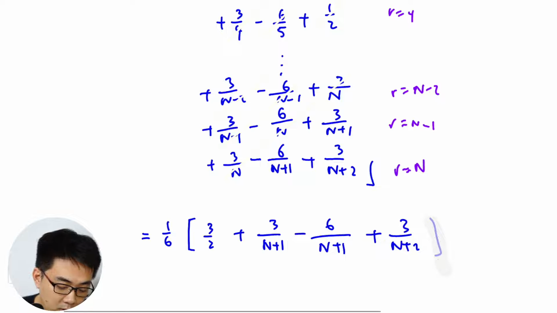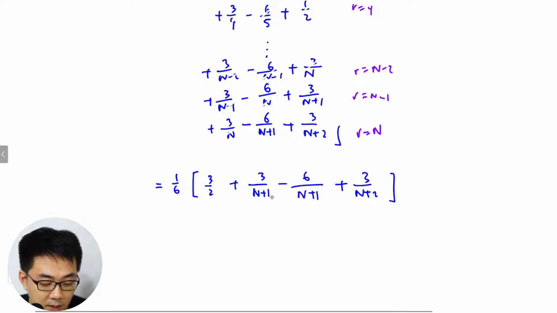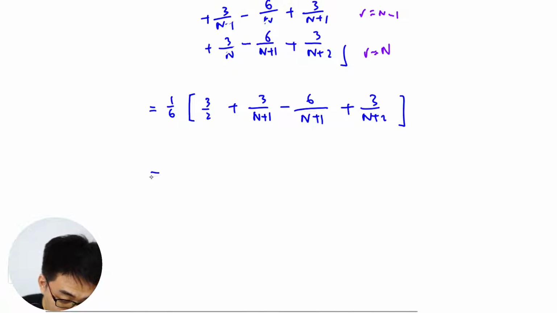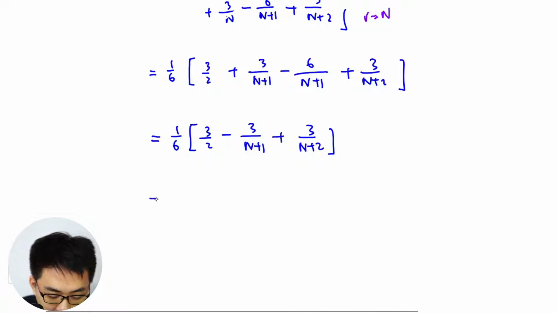So please make sure you know how to use your calculator in the exam. So for this one, the numerator is the same, n plus 1, n plus 1. So 3 minus 6 will be negative 3. So this will be negative 3 over 6. Negative 3, n plus 1, n plus 2. Then this multiplied in will just be 1 over 4. Actually you can just leave it like that.